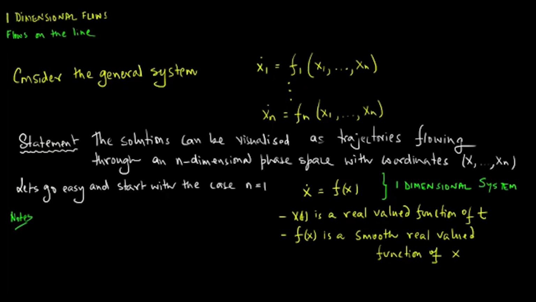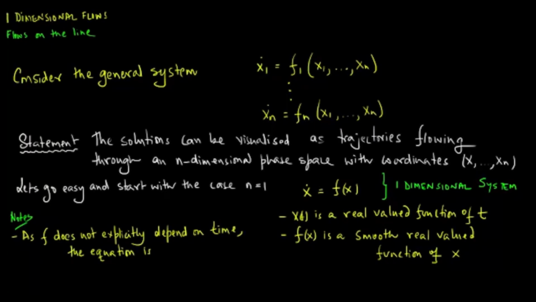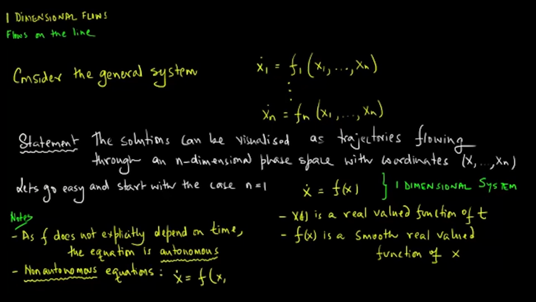Now here are some notes. As the function f does not explicitly depend on time, the resulting equation is autonomous. Non-autonomous equations are equations of the form x dot is equal to f of x, t, and are in general much harder to analyze.